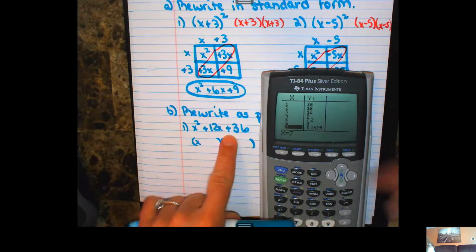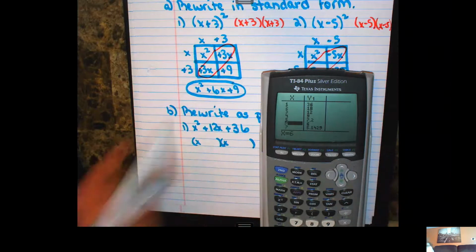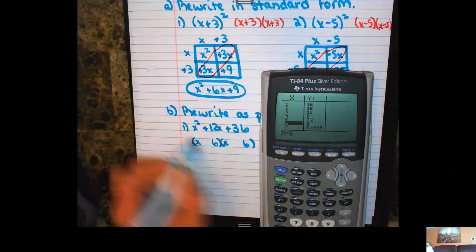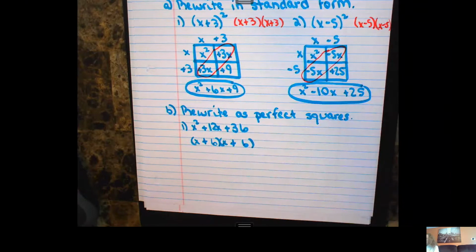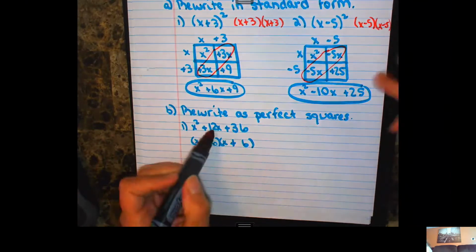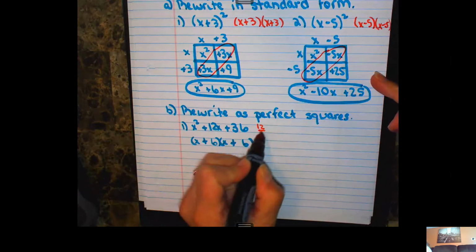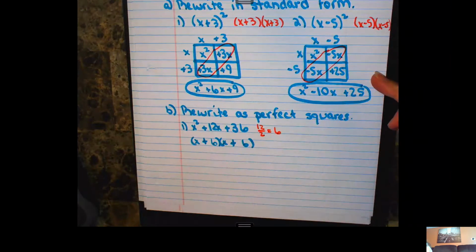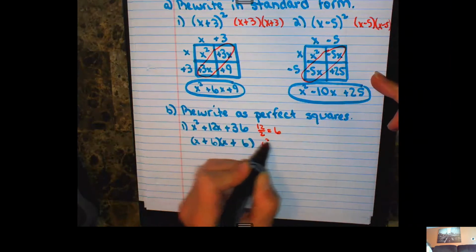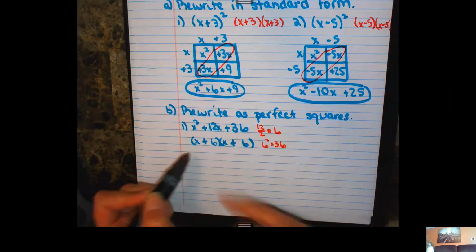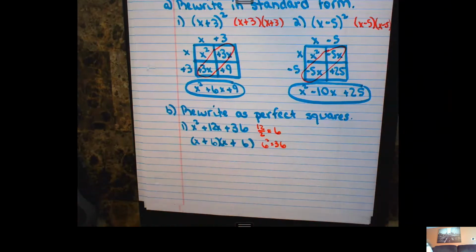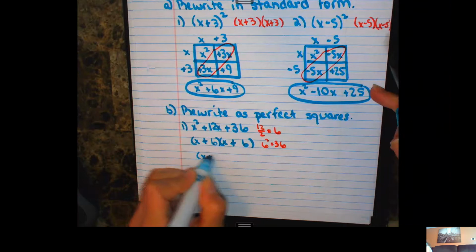Factors of 36 that add up to 12 would be 6 and 6. And because we're adding, they're the same sign. I don't want to do that anymore. That took too much time, so I want you to notice something. If I take my 12 and divide it by 2, I get 6. If I can take that 6 and square it and get the same number, then I can write it as (x plus 6) squared.